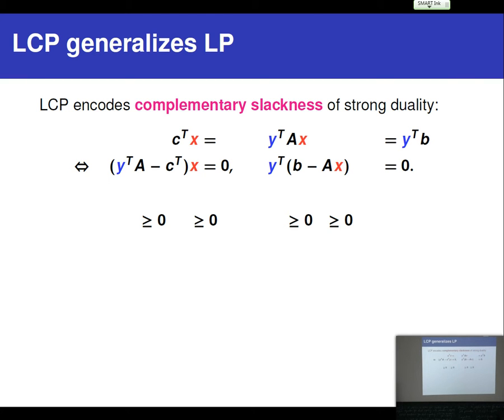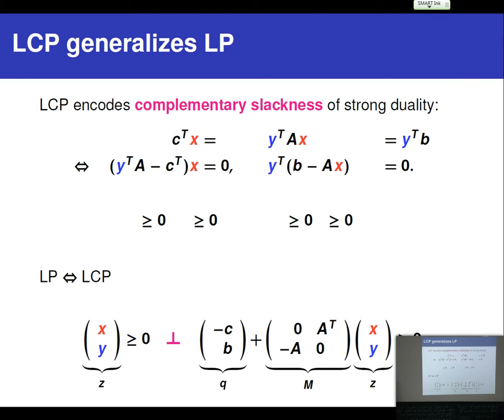And so we're going to write down a linear complementarity problem where you should look at these two parts that we got from here, and we've encoded them in the two rows of the LCP. So for example, here we see that x is non-negative and complementary to exactly this thing. Okay, any questions at this stage?